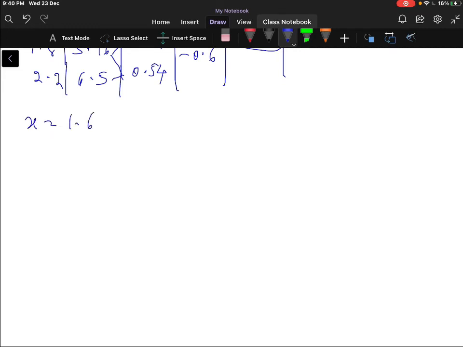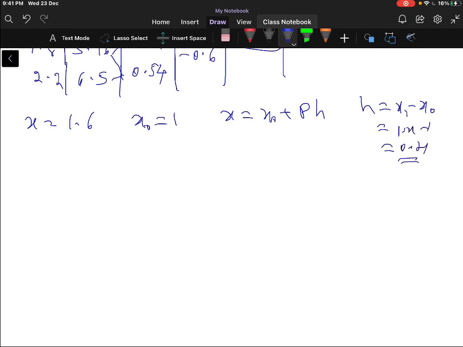Here x is equal to 1.6, where x naught is 1. We have x is equal to x naught plus ph, where h is equal to x1 minus x naught. x1 is 1.4, minus 1, that is 0.4. h is 0.4.